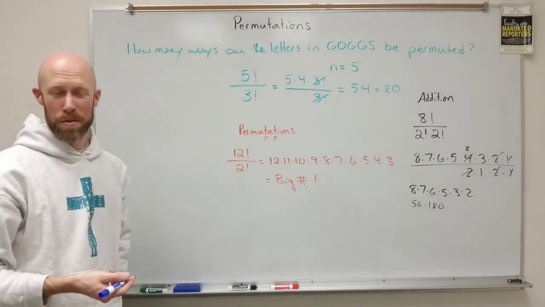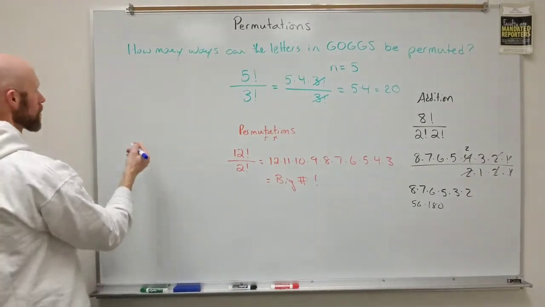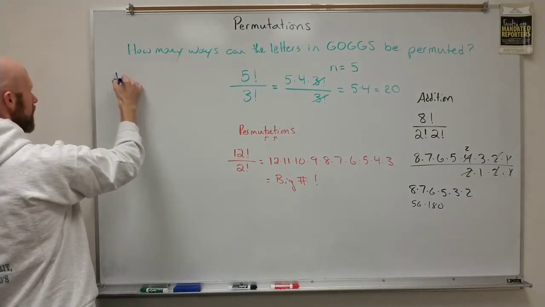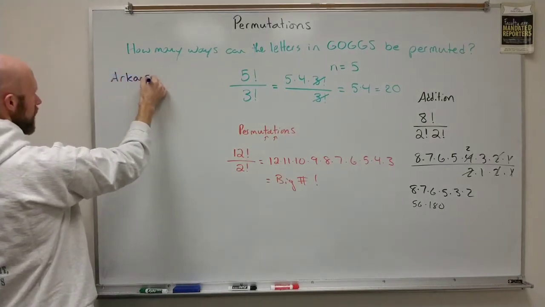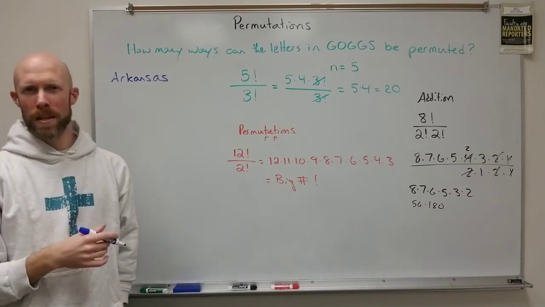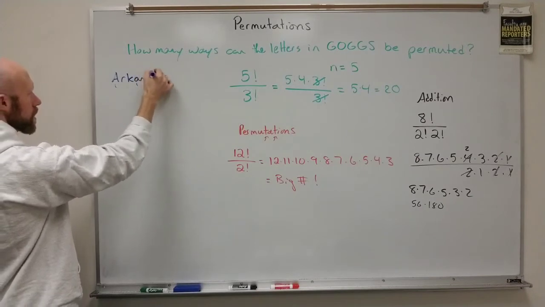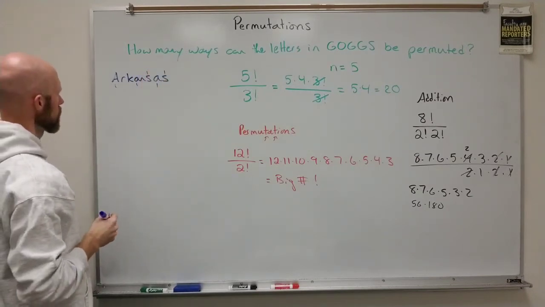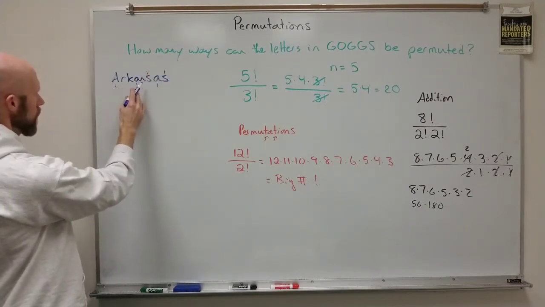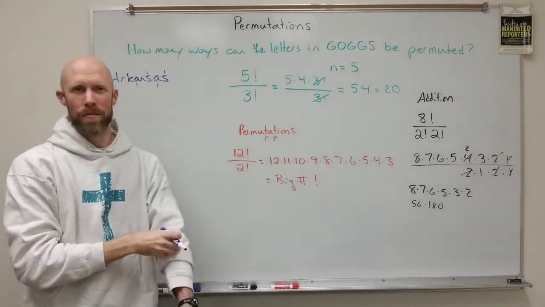Your book does some good ones like Mississippi and Tennessee, but Arkansas is not too bad. There's some repeated letters in there. So we've got a triple A and a double S, and then an R, a K, and an N. So I've got some single letters in there as well.